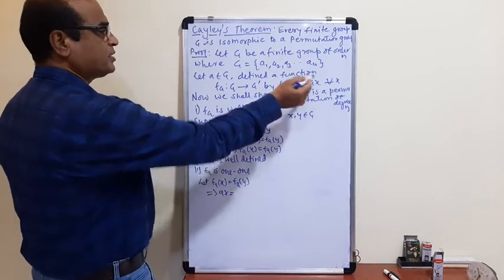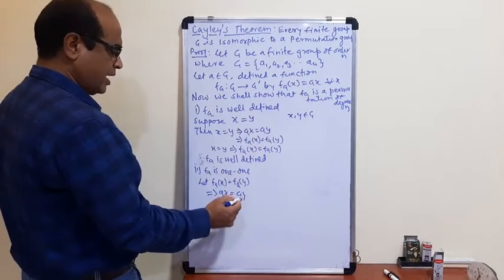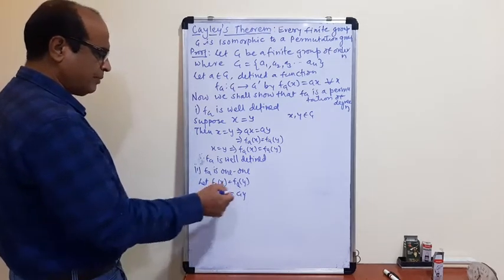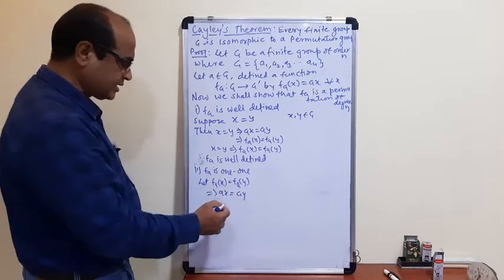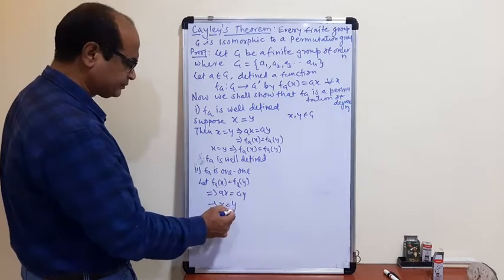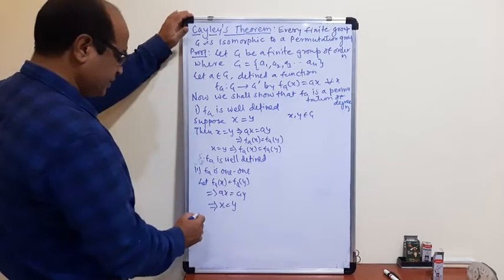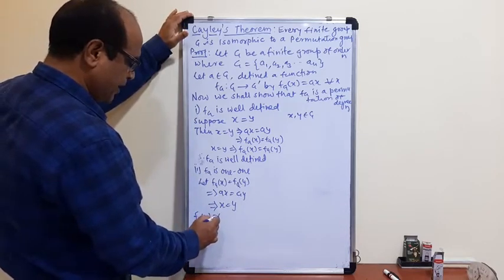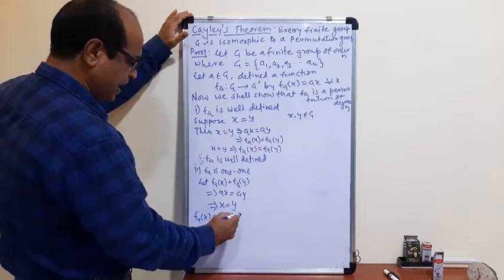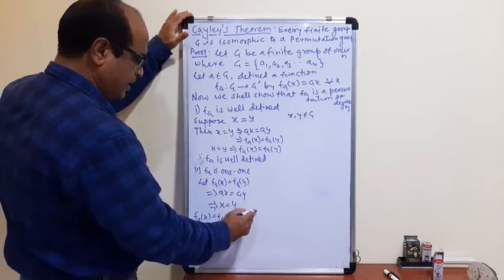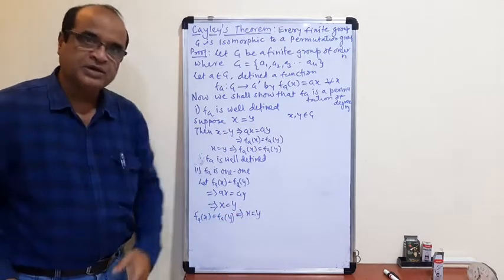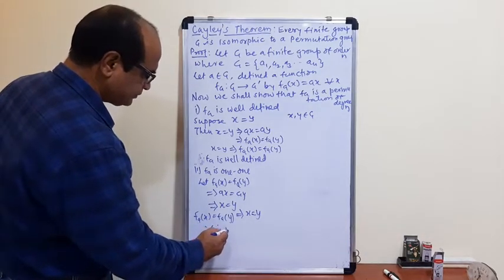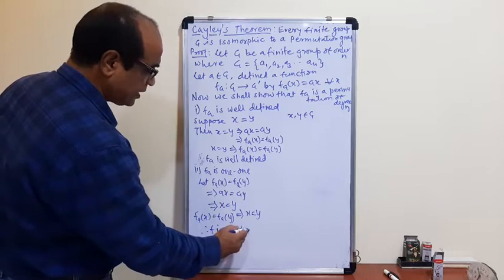By definition of the function, it is ay. So ax is equal to ay, and by left cancellation, a gets cancelled, so x is equal to y. If f_a(x) is equal to f_a(y) implies that x is equal to y, then by definition of a 1-1 function, f_a is 1-1.